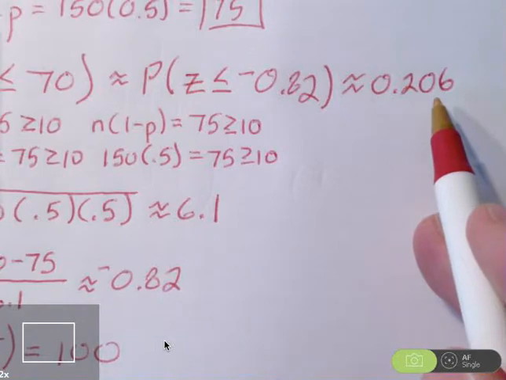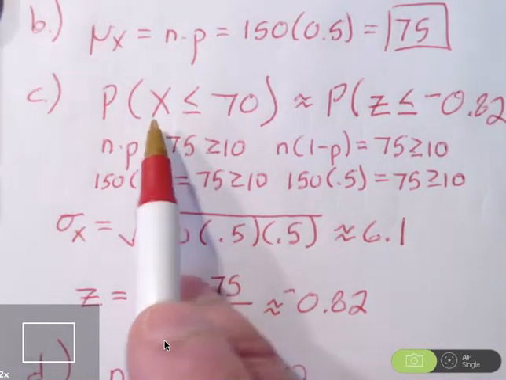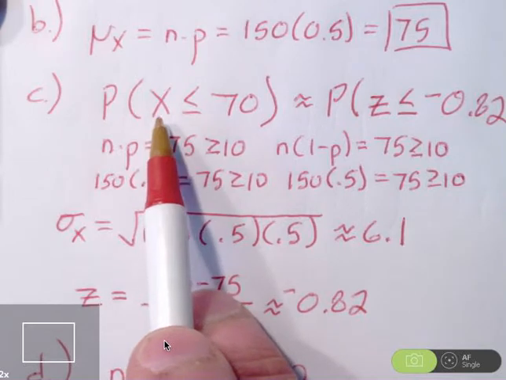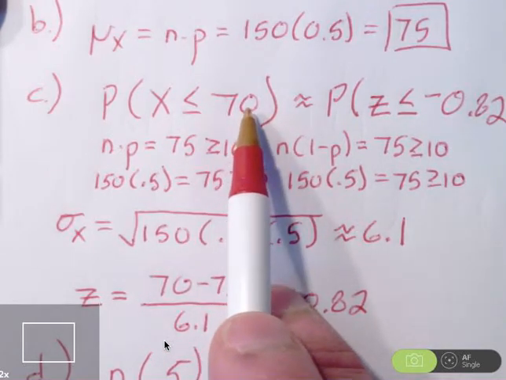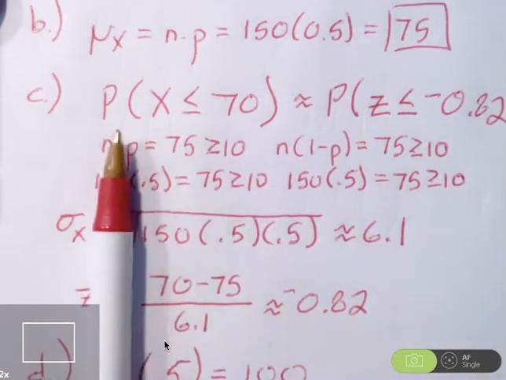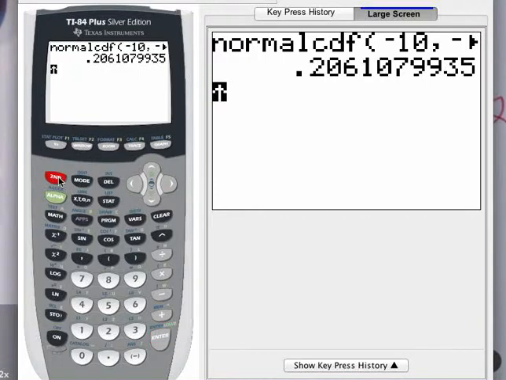Now something to notice, you could have calculated this directly without using the normal approximation. You could use the binomial CDF command here because I'm interested in combining all of the probabilities from a count of 0 successes all the way up to and including 70 successes. So when I've got the less than or equal to symbol, it is ready to go to use the binomial CDF command. You didn't have to do that in this case, but it's good to review.